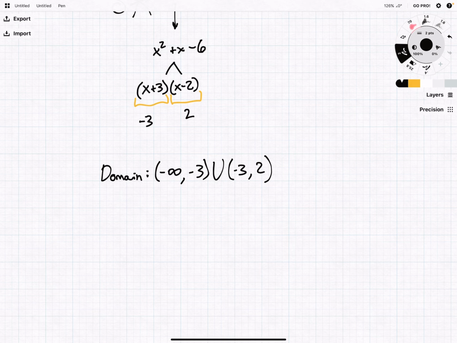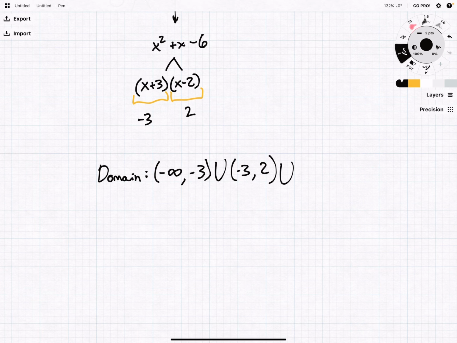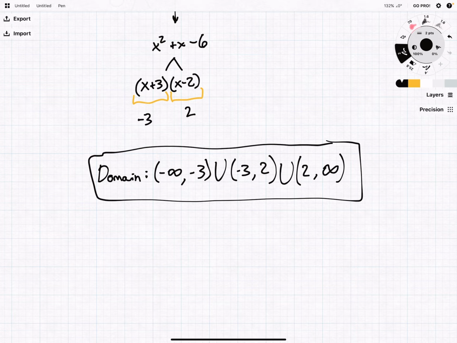So the graph goes all the way up to 2, but does not include 2. Then we'll have one more union, and lastly we'll finish it off with 2 all the way up to positive infinity. And that's going to be our domain for problem 32.